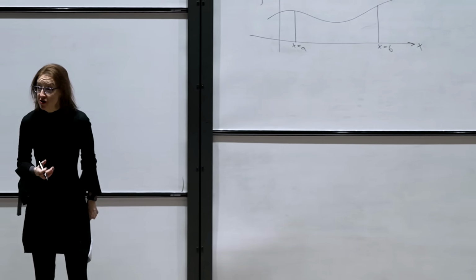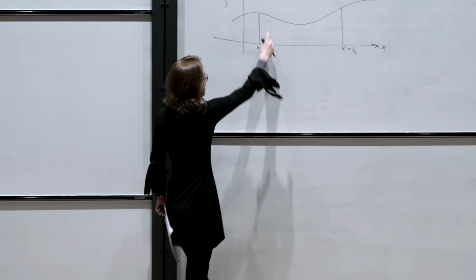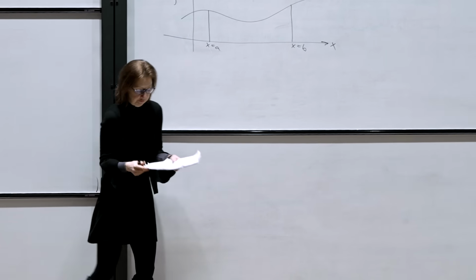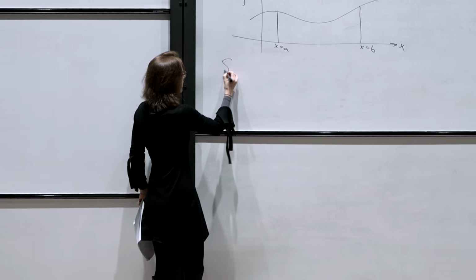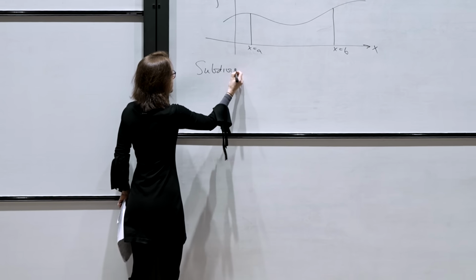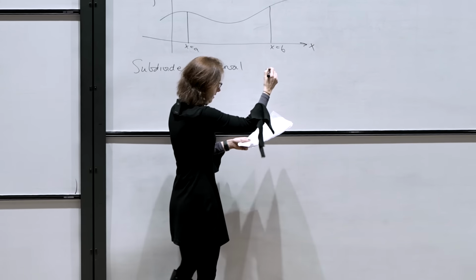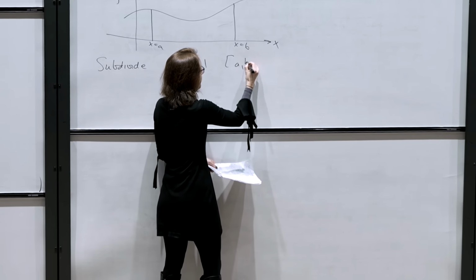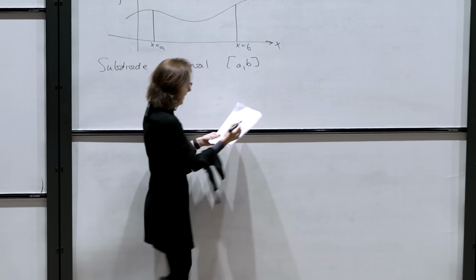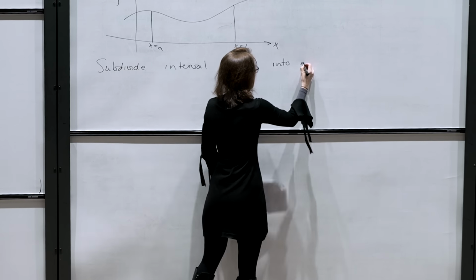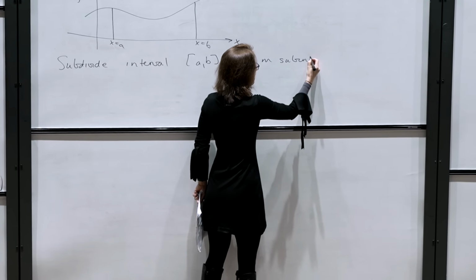So obviously, when you do that integral, what you're going to return is the area under this curve. So what we do when we think about doing this is we subdivide the interval AB into a number of subintervals. So let's say into m subintervals.